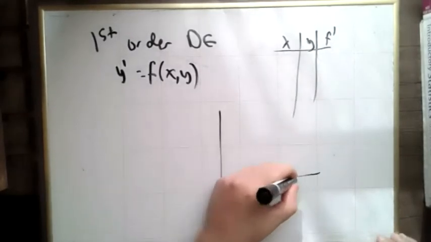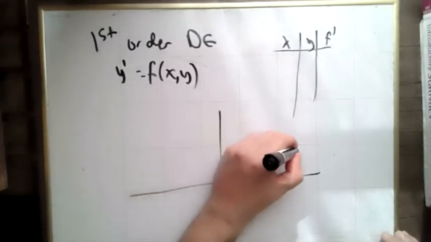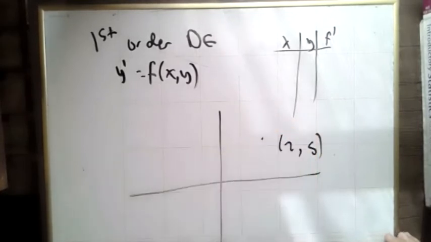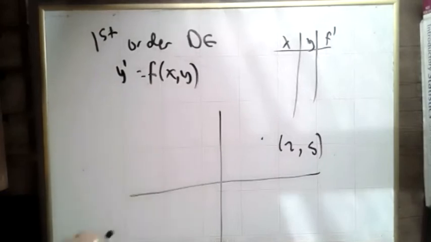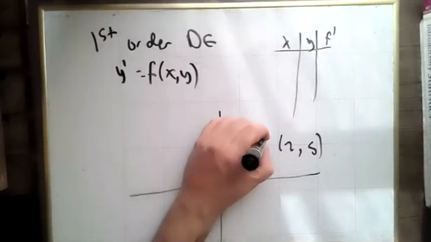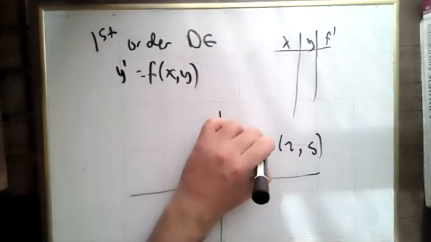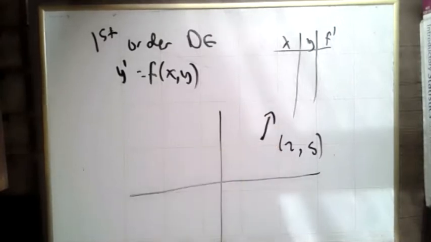So we're going to grab a point xy, say our point is the point 2, 5, and we plug in 2 for x, 5 for y over here, and we get a slope of 7. Then we're going to plot a unit vector with a slope of 7 at that point.